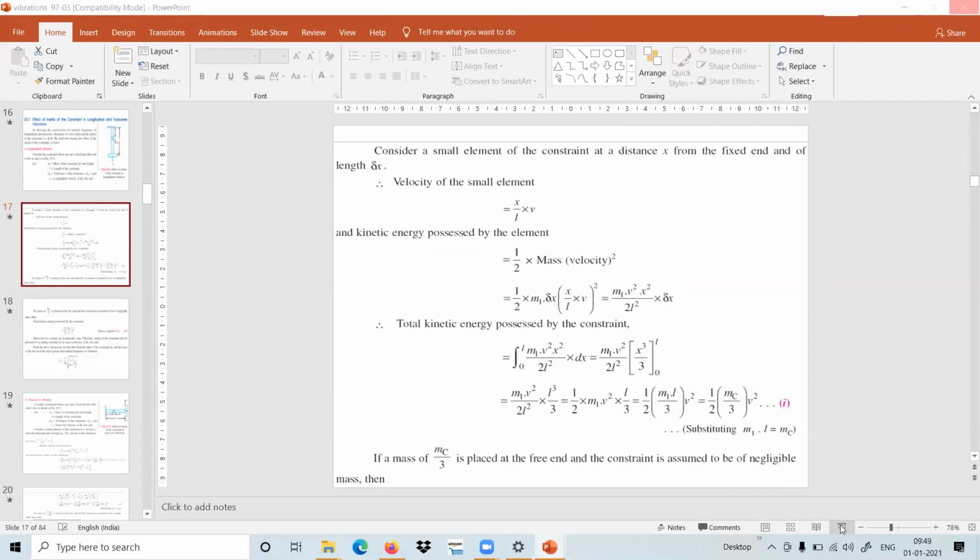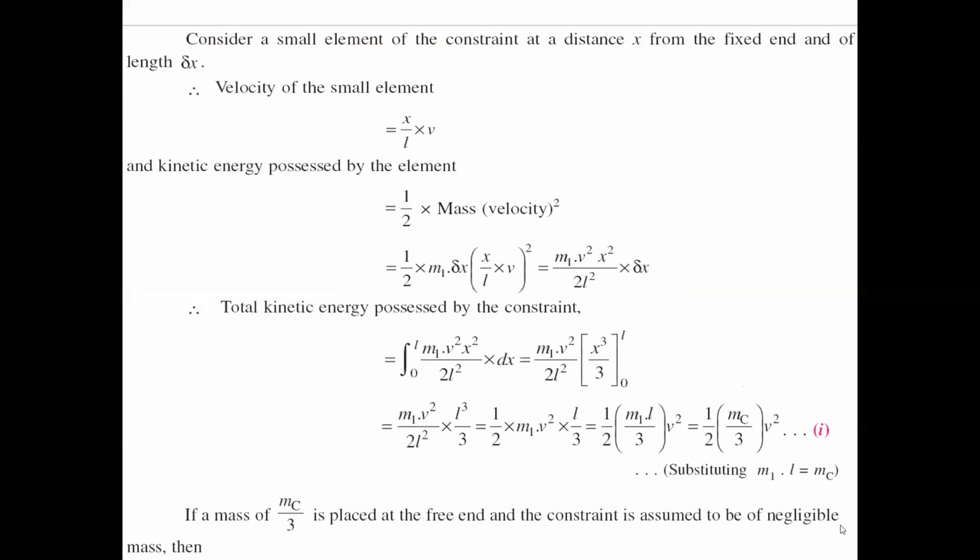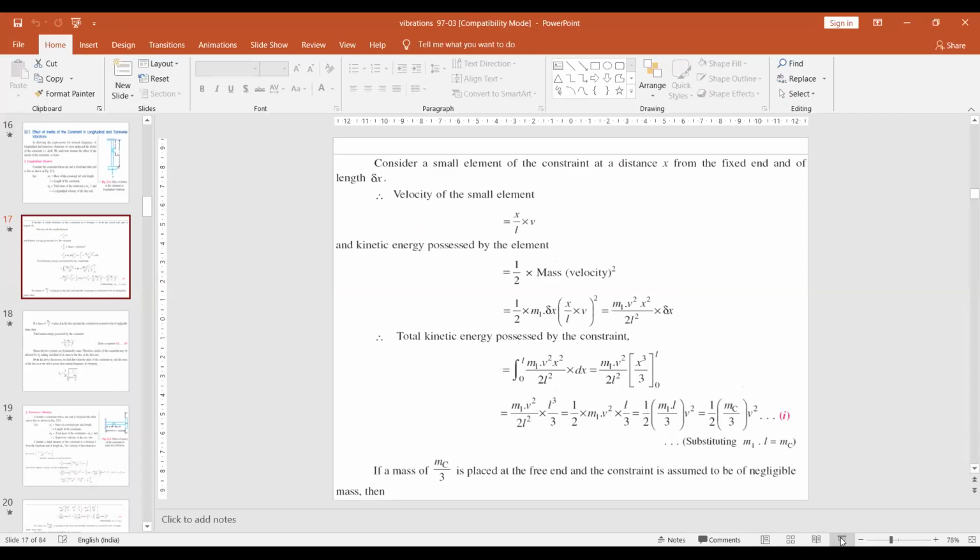So how do we get the value of the velocity of the small element? It is x by l into v. Why? Because when it is at some distance from the fixed end, that velocity is considered as the capital V.